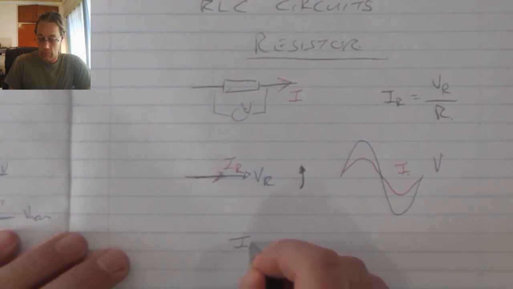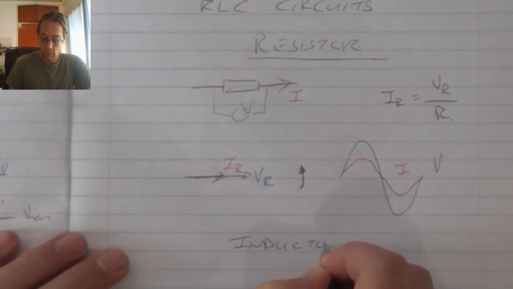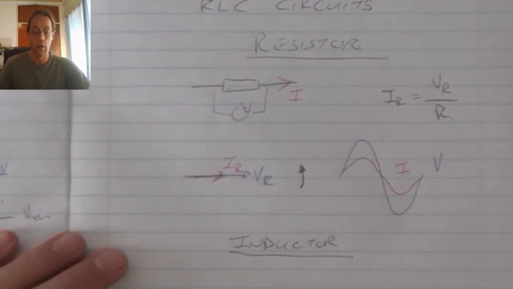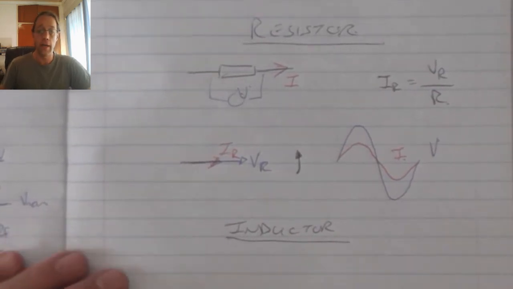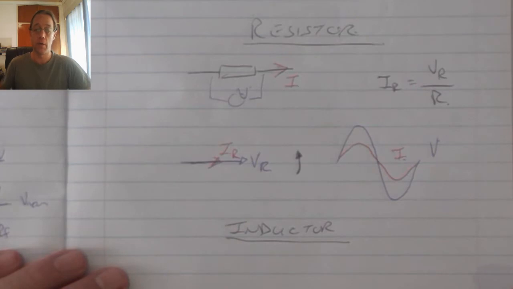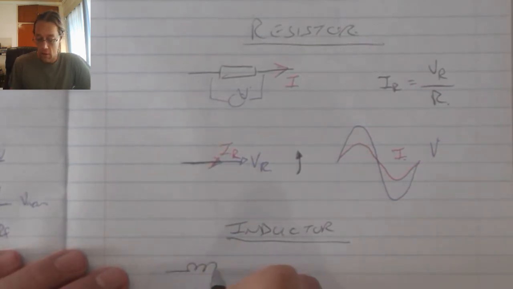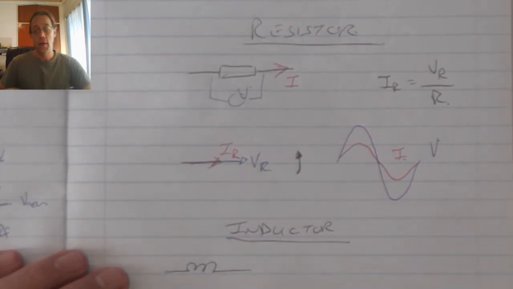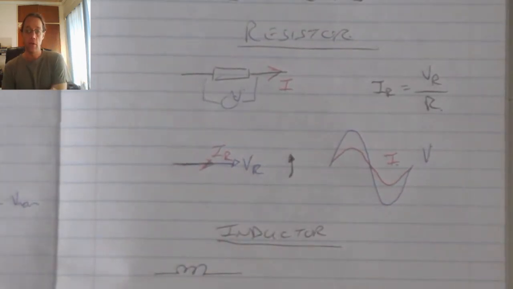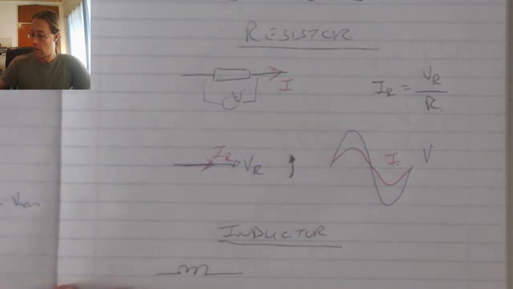Inductors. The inductor is a reactive component, which means it develops a reactance or an apparent resistance. The ideal inductor has no internal resistance, and as a result we can accept that it will allow infinite current to flow.